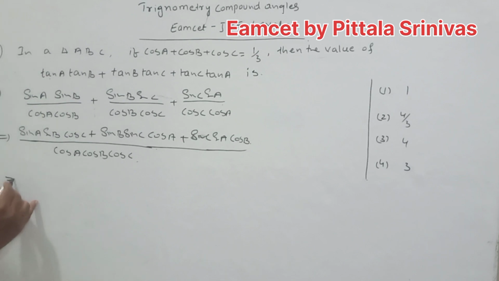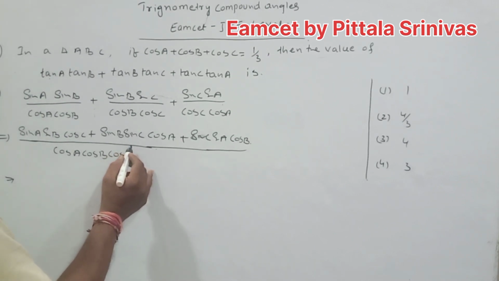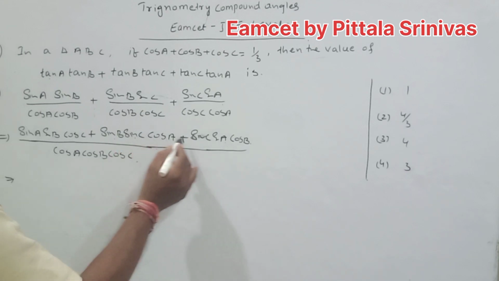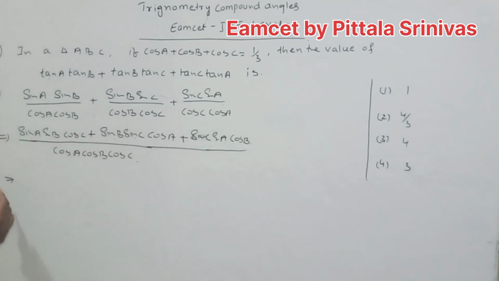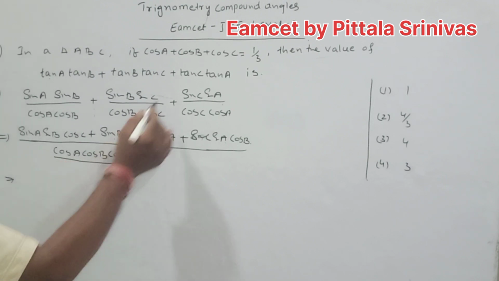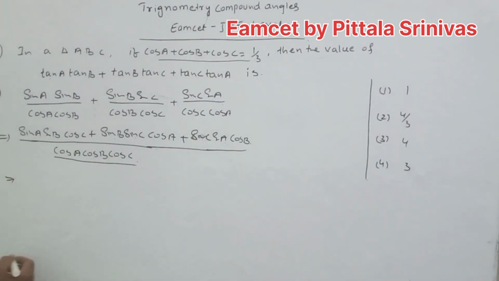So last you observe here, in this case sin C is common, then you take sin C as common, and cos A cos B cos C is equal to what, 1 by 3.